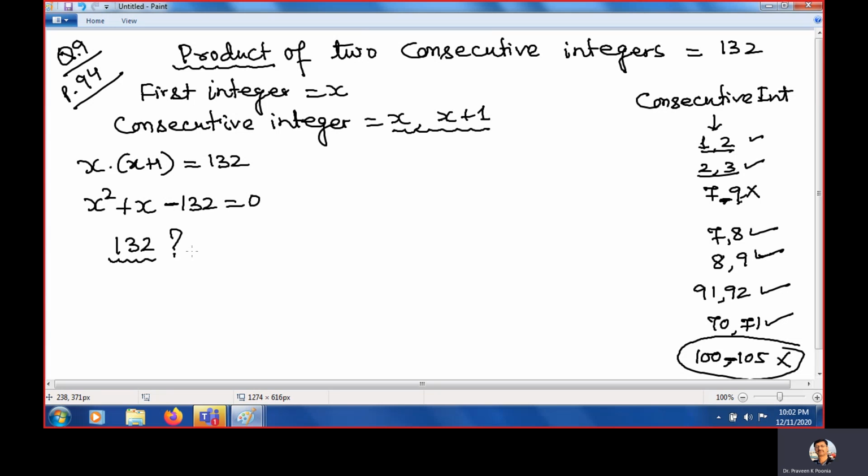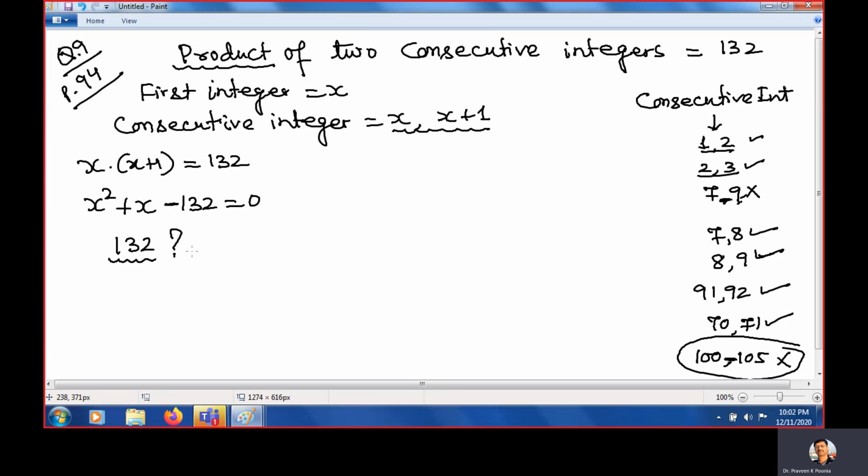Okay, so what could those be? 9 and 8 is 72, no. 11 and 10, no. 12 and 11, yes.